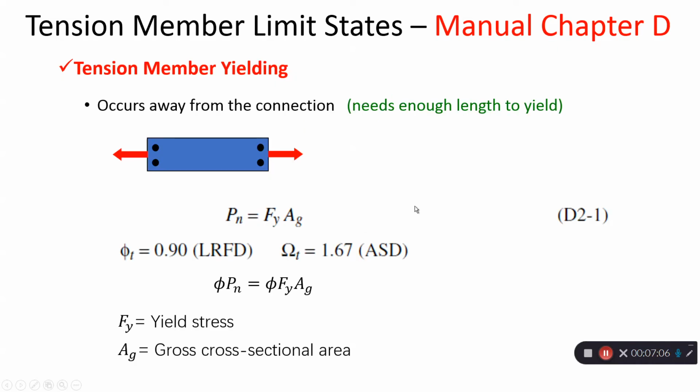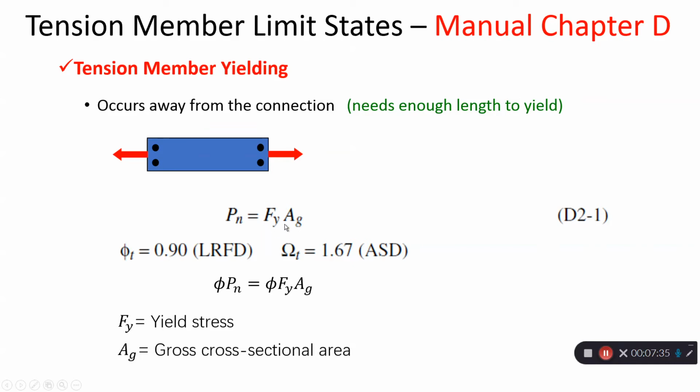First of all, let's talk about the first limit state, yielding. That is the most straightforward one. Yielding occurs away from the connection, meaning that the yielding occurs in between the connections, within the member. Pn, the capacity for yielding, is equal to Fy times Ag.